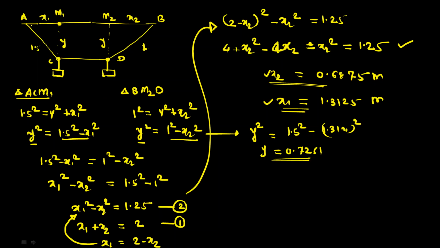By using these values of alpha and beta, we can solve the problem and get the value of weight W2.